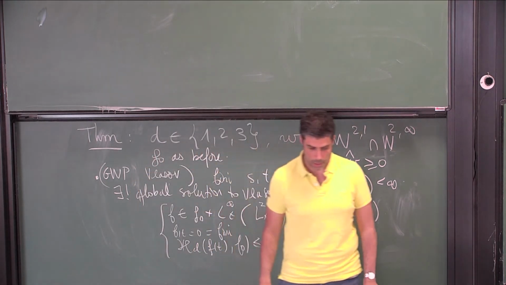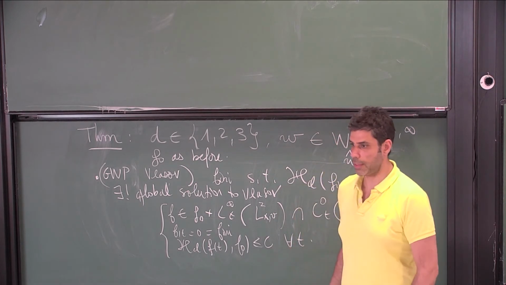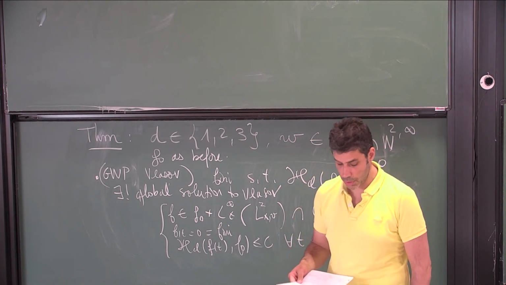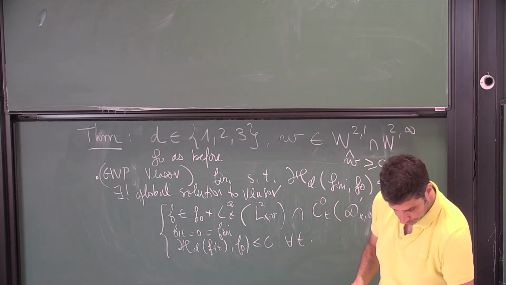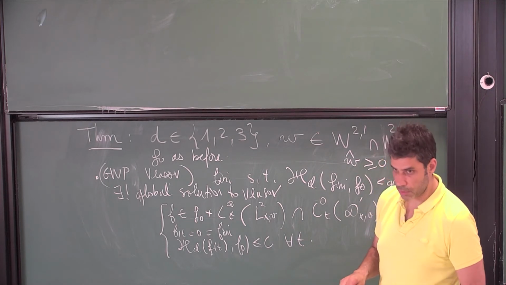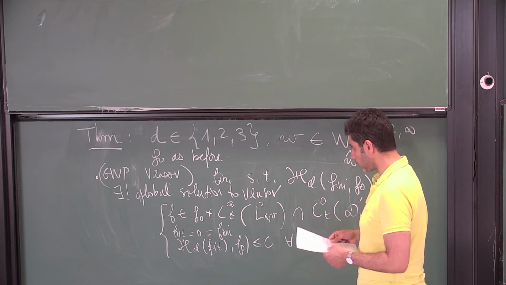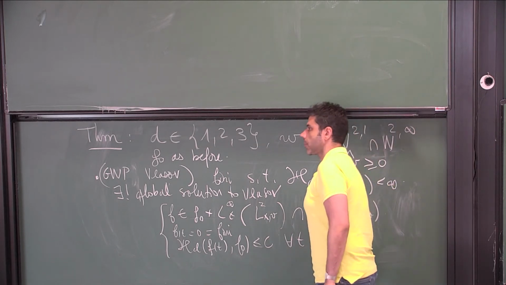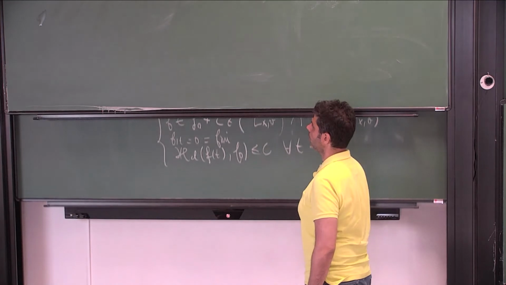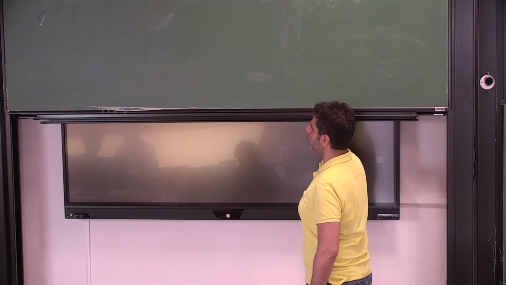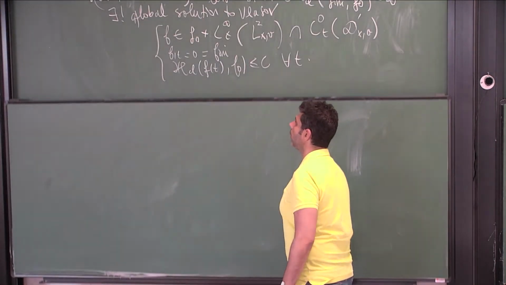So this is global well-posedness for Vlasov in the energy space, except it's relative to your reference. Now there is a very similar theorem for Hartree.